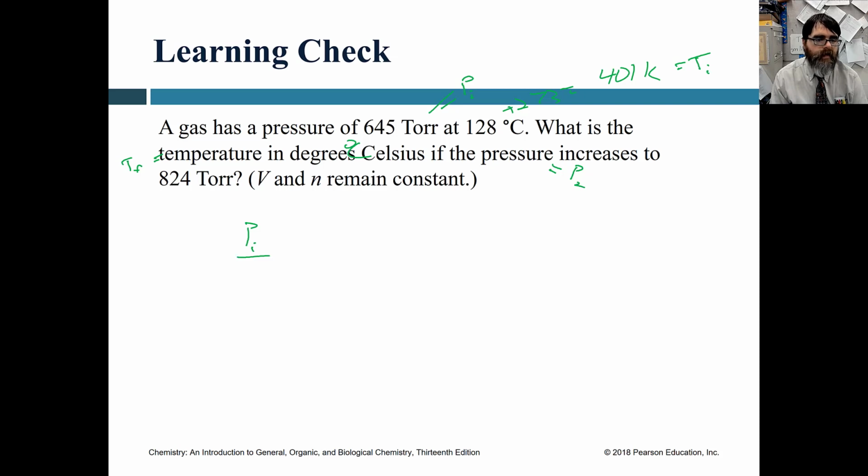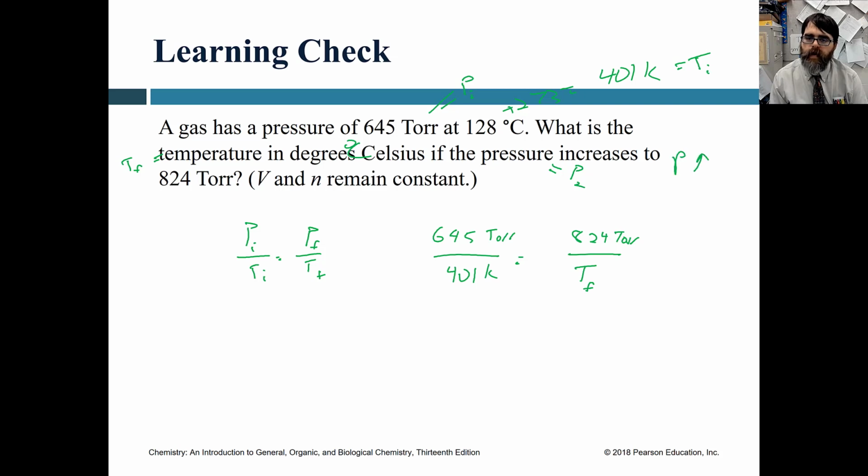So P initial over T initial is equal to, I suppose I did P2 and TF there, I'm going to call it P final and temperature final this time here. And we have 645 torr over 401 Kelvin is equal to 824 torr over temperature final.